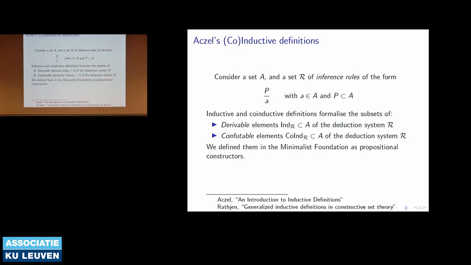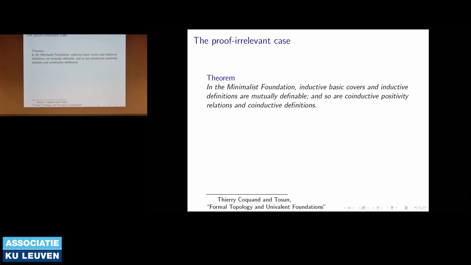The formal definition first appeared in Aczel, again in ZF, then Rathjen generalized it to constructive set theory, and we adapted the definition in the minimalist foundation. So now we can again export this definition to homotopy type theory, Martin-Löf type theory. Okay, so the result in the proof-irrelevant case is very nice and tight, because we showed that everything is equivalent.